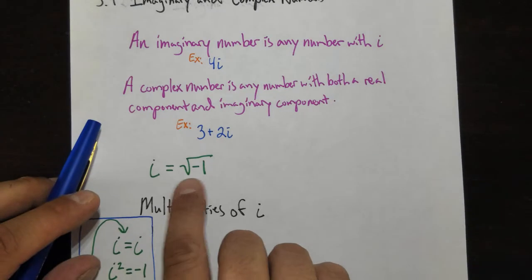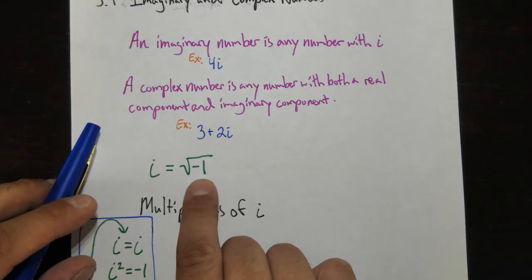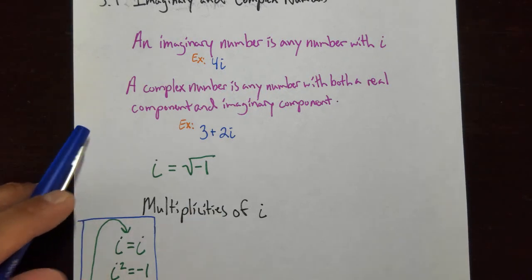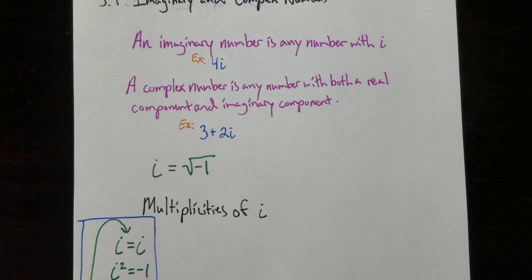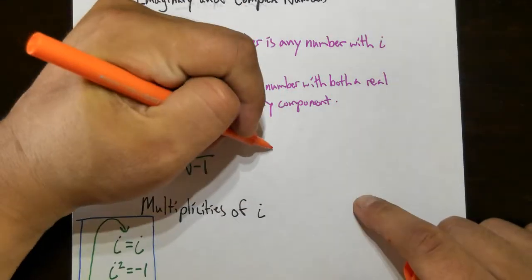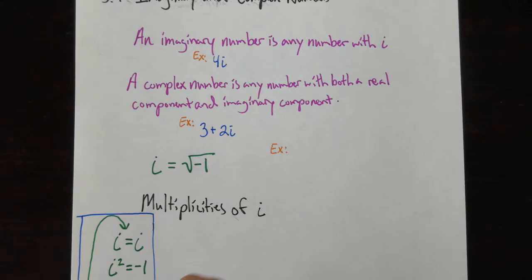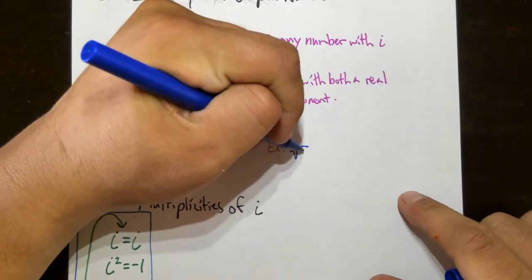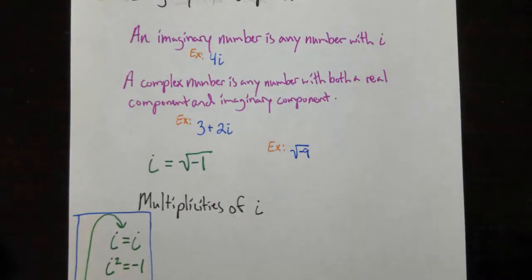So let's then talk about what i equals. Well, i is technically equal to the square root of negative 1. So anytime we have a negative in a square root, it equals some sort of imaginary number, some i value. So for instance, say if we had something like the square root of negative 9, this is how we would do it.